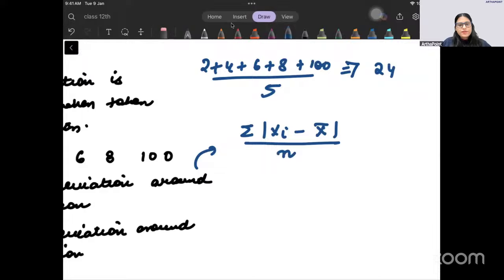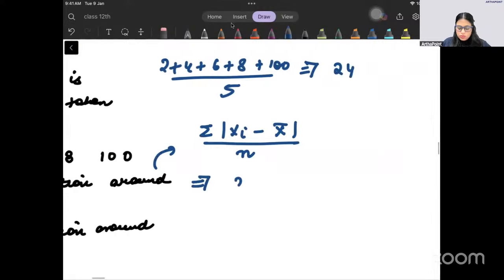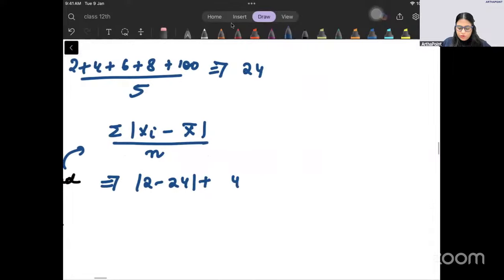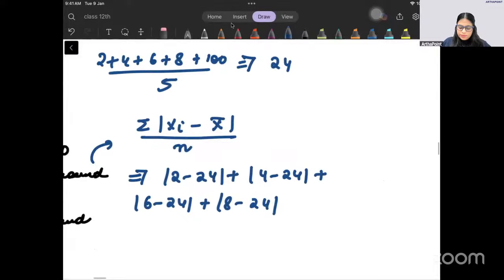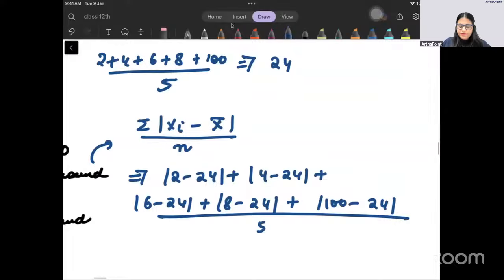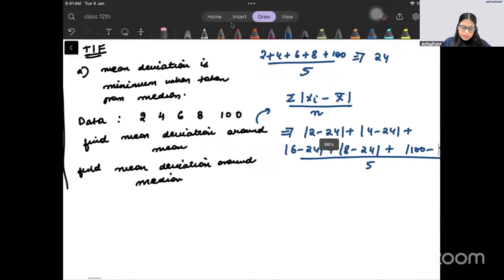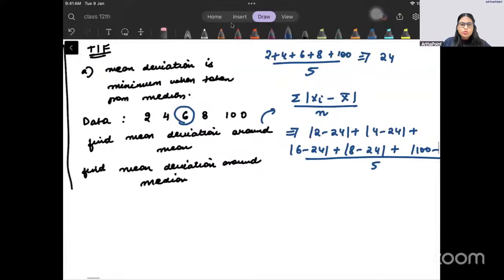This is the formula we have studied, right? So what will happen? |2 minus 24|, |4 minus 24|, |6 minus 24|, take them in absolute values, |8 minus 24|, |100 minus 24| divided by 5. Tell me the answer. फिर around median तो third value हो जाएगा in this case.